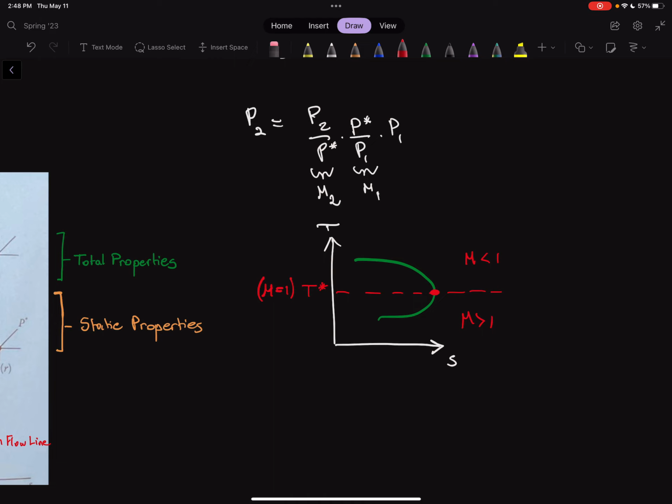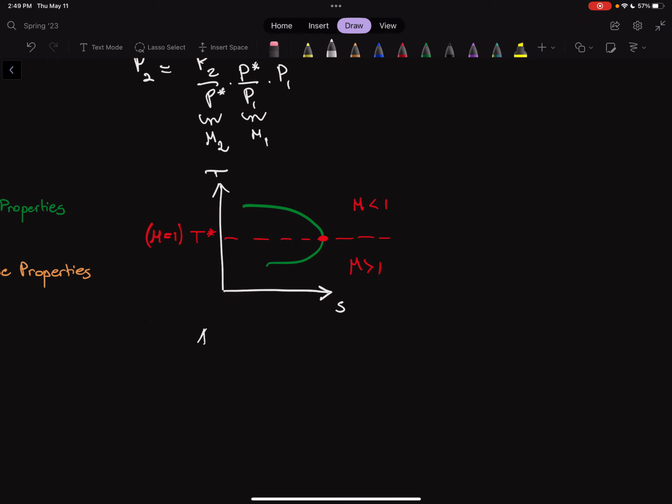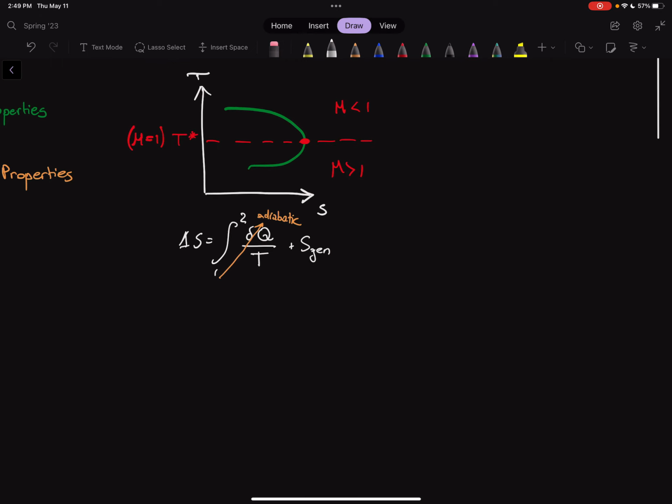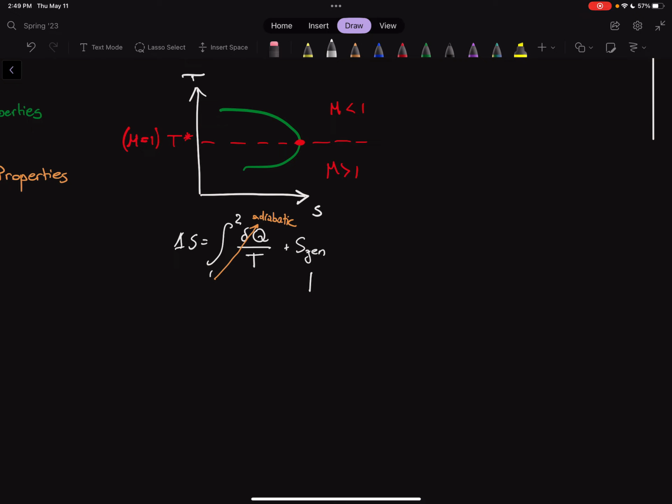Most of the time, I mean every time in this course, for the Fanno flow, that's adiabatic. That's one of the assumptions. So we only have some SGen. And since we have friction in the boundary layer, we're going to have some SGen, and so delta S is necessarily positive.